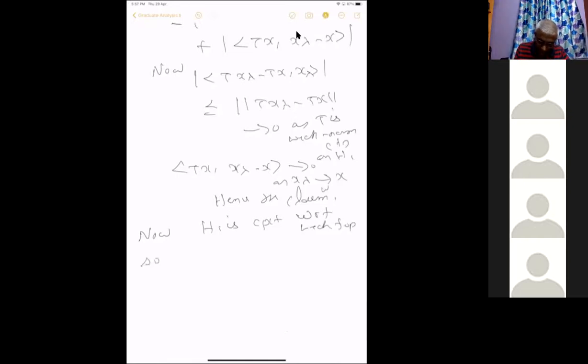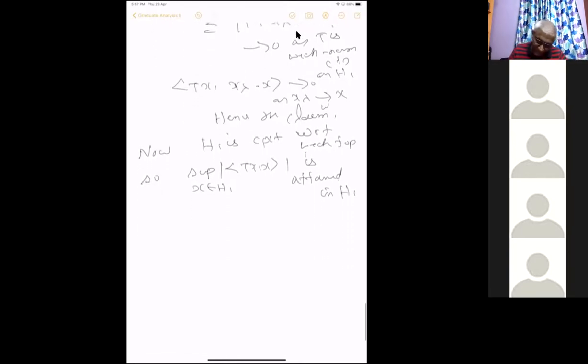So the supremum of |<Tx, x>|, x in H1, is attained in H1 because this function is continuous with respect to weak topology and the unit ball is weak compact. The Banach-Alaoglu theorem says that it is weak star compact, but here weak and weak star topologies coincide because it's a Hilbert space, and because of that, this supremum is attained.